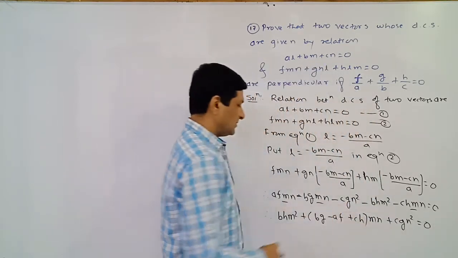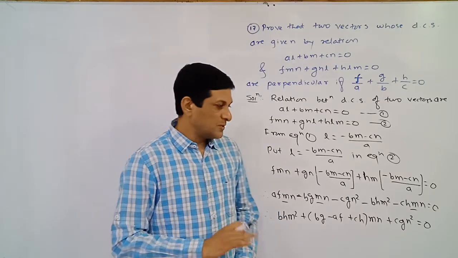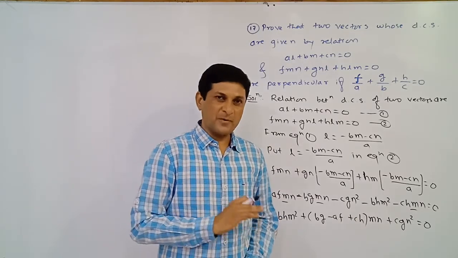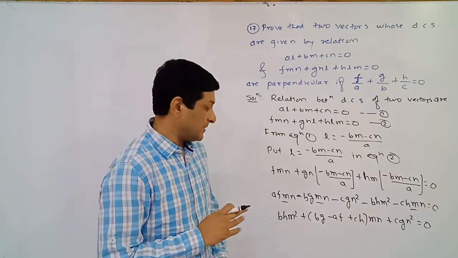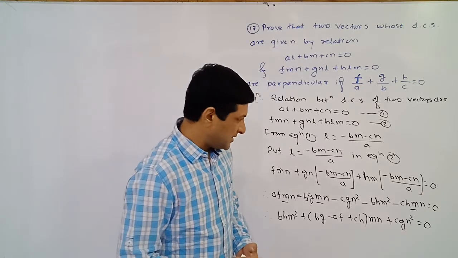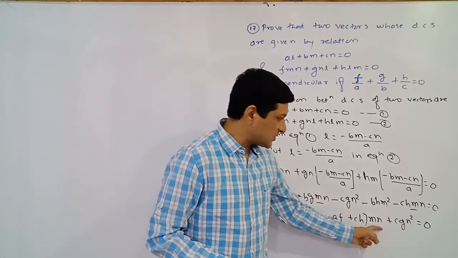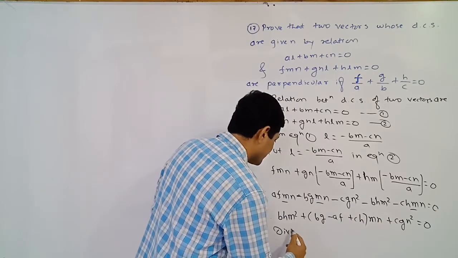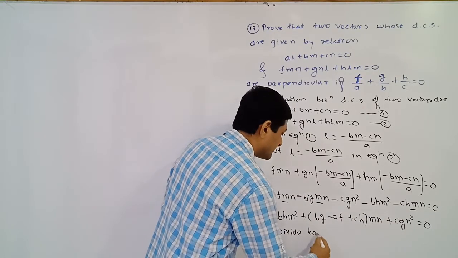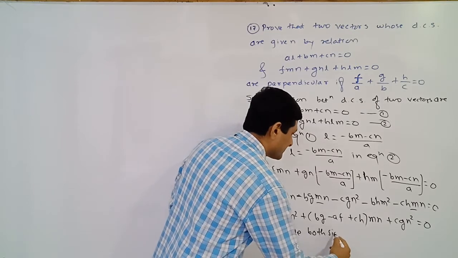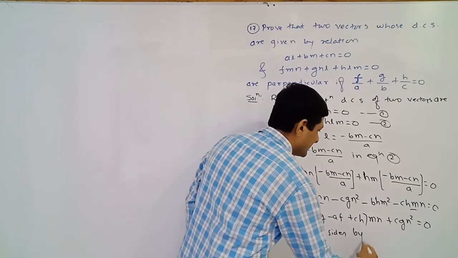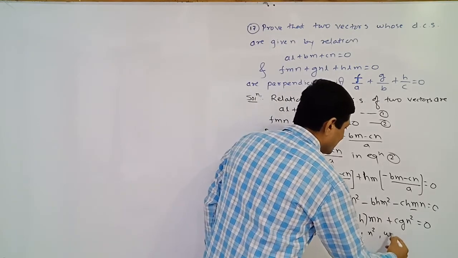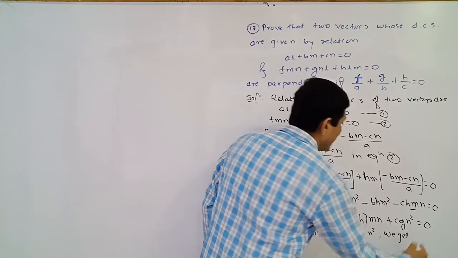Okay. So now we are trying to convert this equation into the form of a quadratic equation in terms of M upon N. So if you observe here, the better way is to divide both sides by N square. Let us see what we will get if we are dividing by N square.